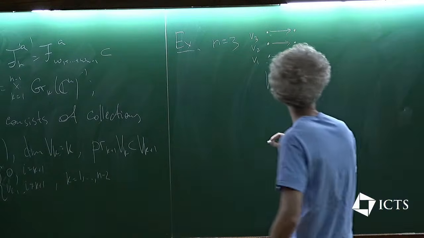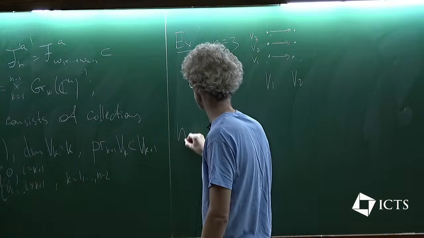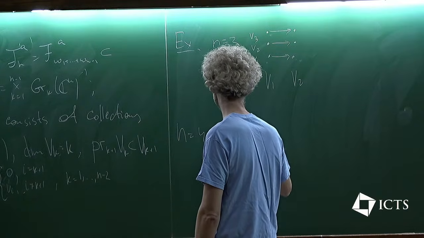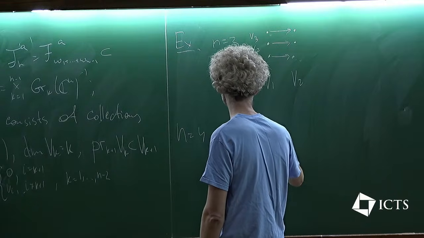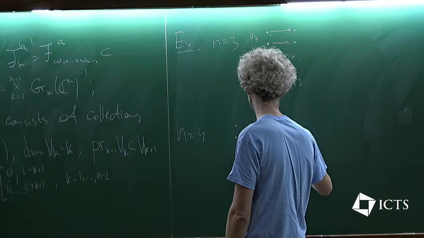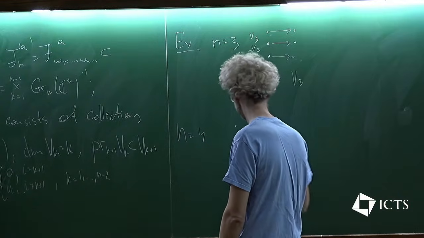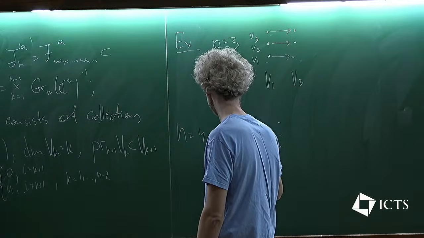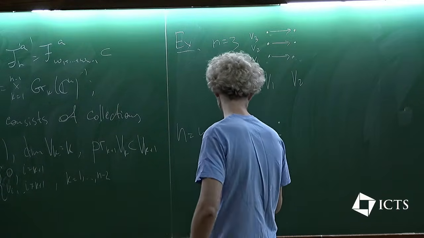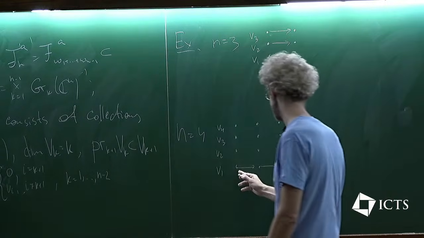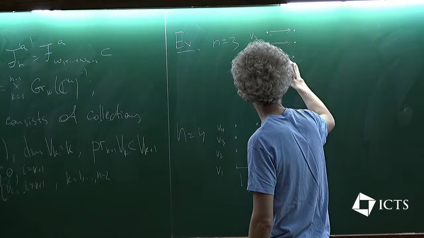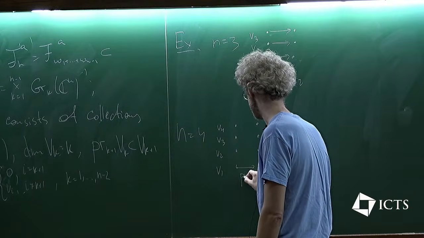Now let me write a picture for n equals 4. Now I have to write 3 columns, each consisting of 4 vectors. So this is V_1, V_2, V_3, V_4. And now what are my maps? Here I have a projection, this is projection 2. Here I have projection 2 and projection 3.